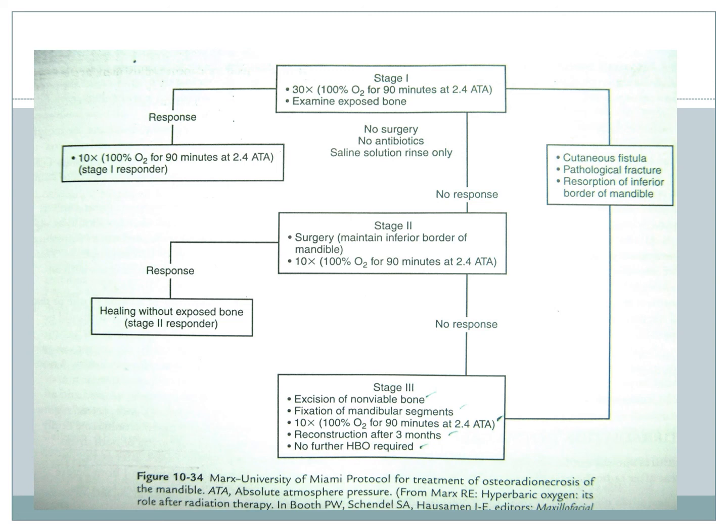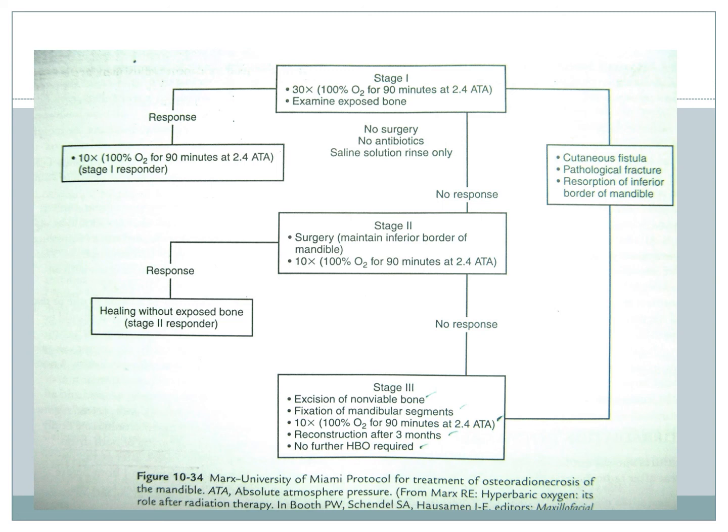Examine the exposed bone. If there is a response, then we reduce to 10 more sessions of 100% oxygen at 2.2 atmosphere. That means the patient is responding to the first treatment. If there is no response, it will go to stage 2.